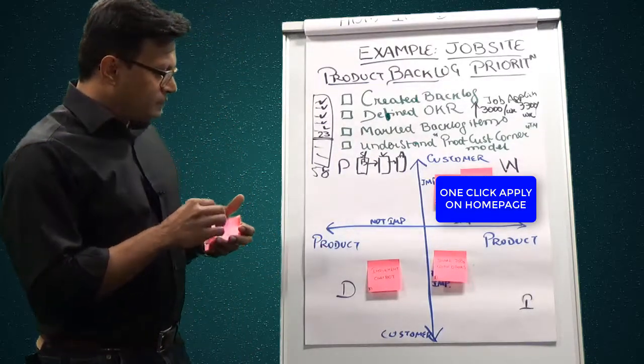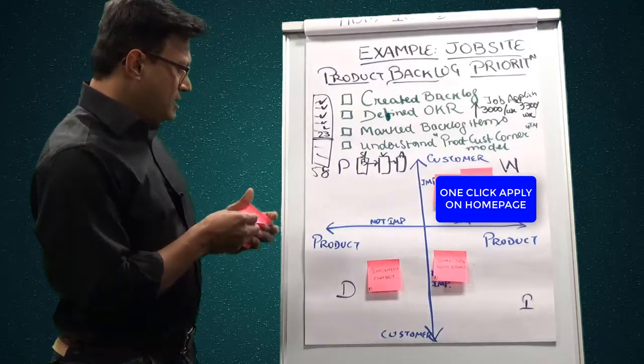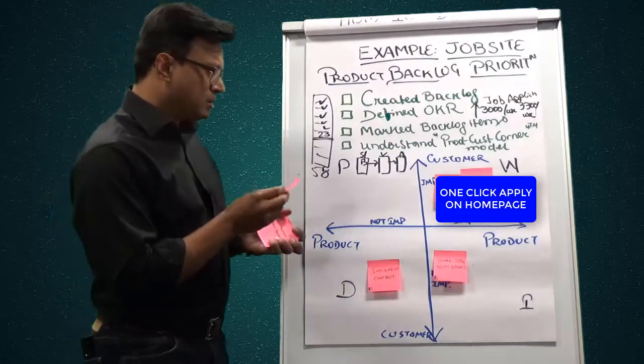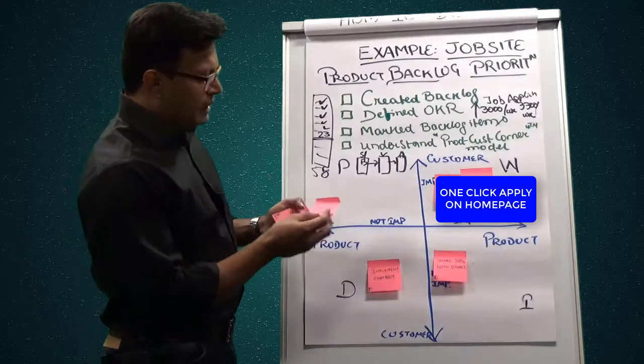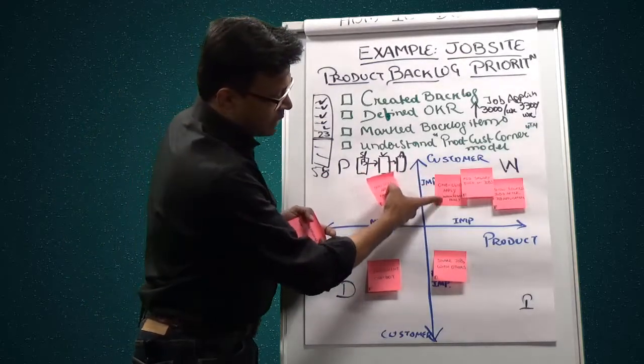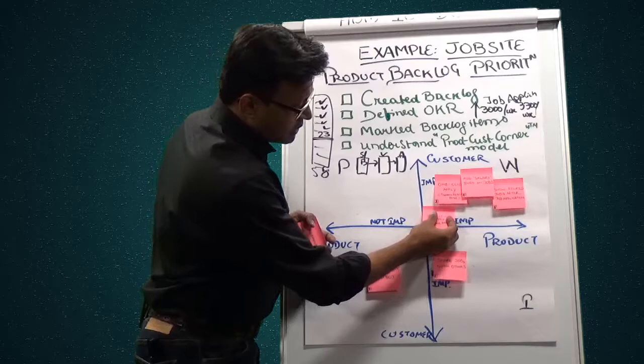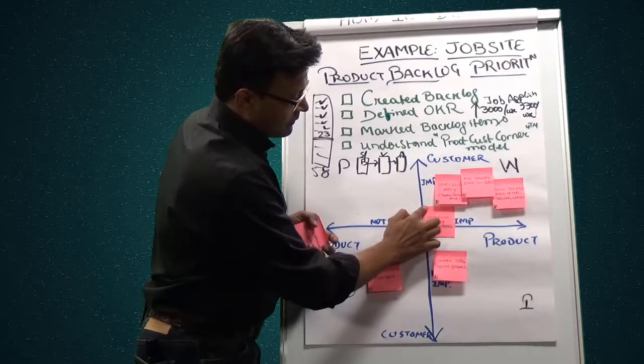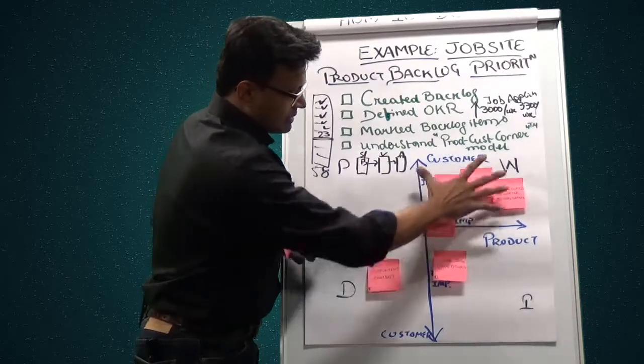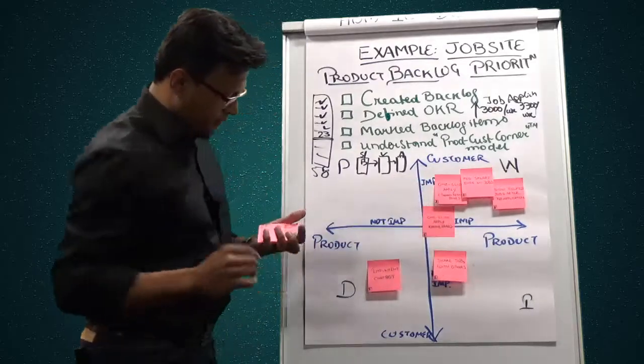So it looks like it is somehow important for both of them, but not as important as the one click apply on the search results page. So I will put it a little below over here for both product and customer. It still stays in the winner quadrant, but it is lower than the other one.